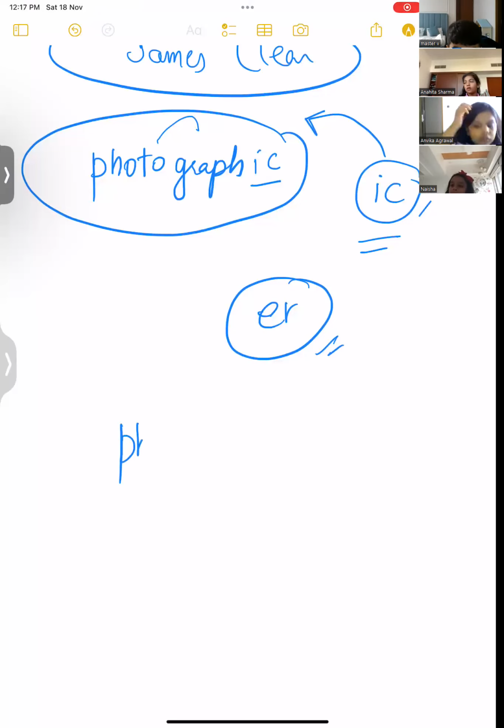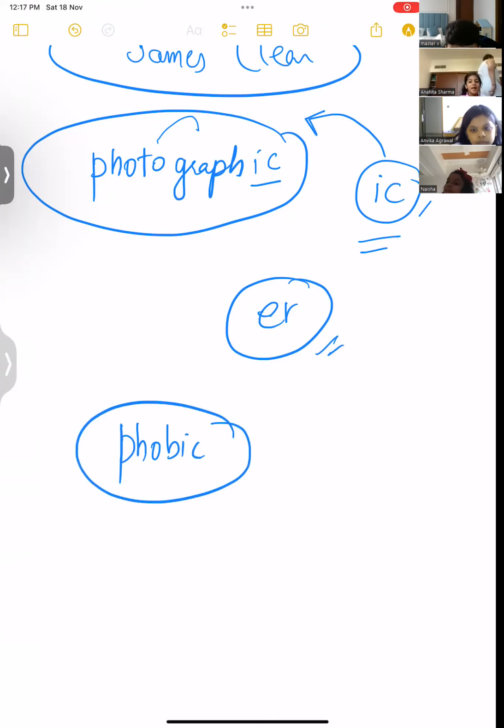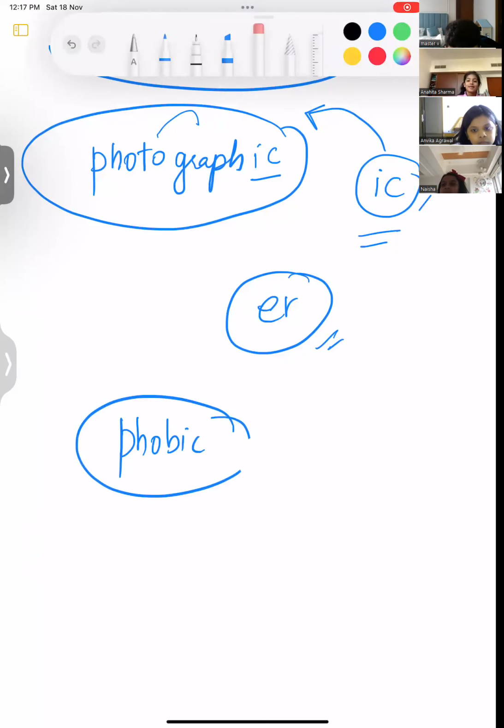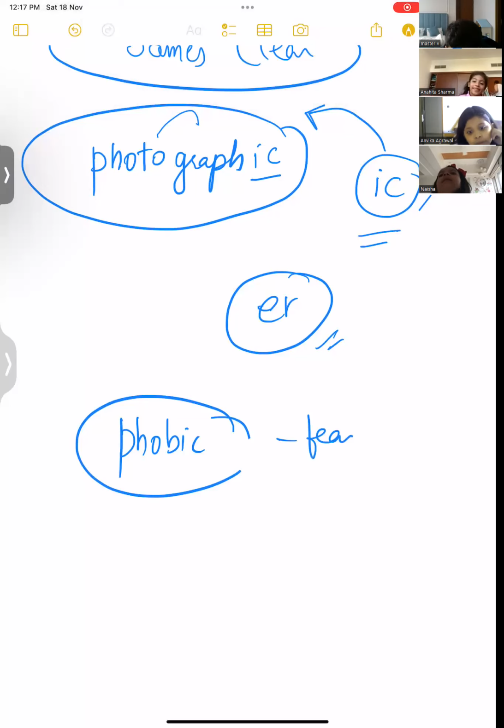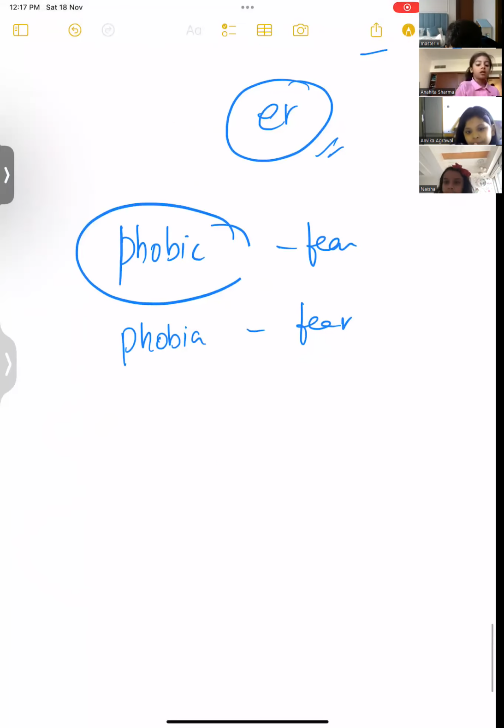Do you know what this word means? Phobic. No, ma'am. Phobic means fear. Phobia. Fear. Now I want you to make a word starting with photo and phobia. It should have both. Make a word and tell me.